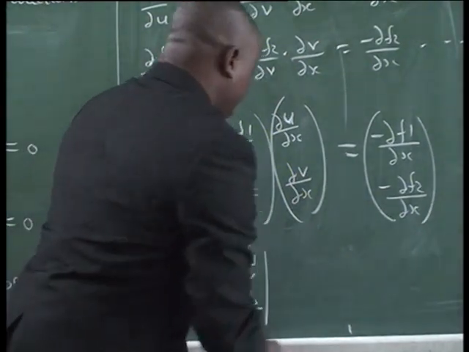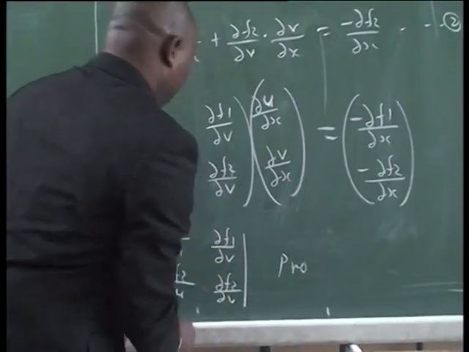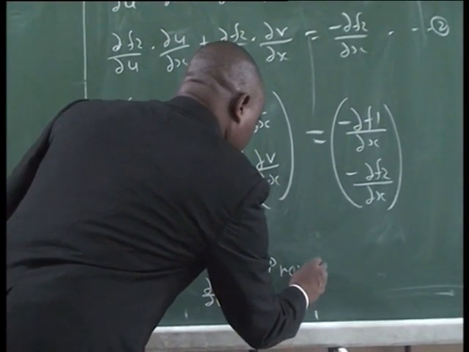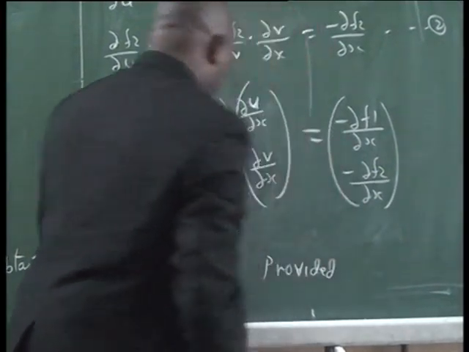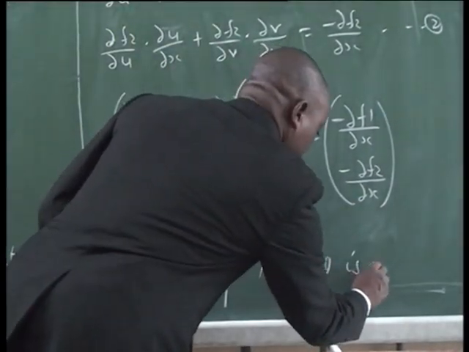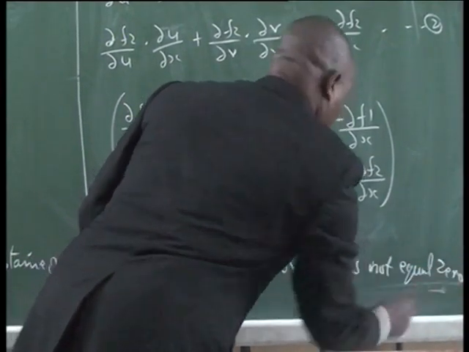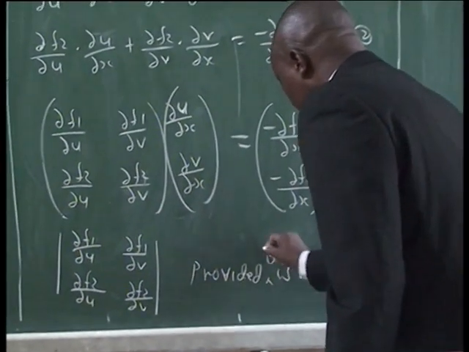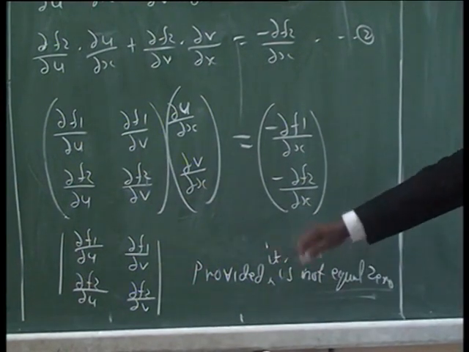Now we can evaluate this provided this determinant is not equal to 0. Okay, provided it is not equal to 0.